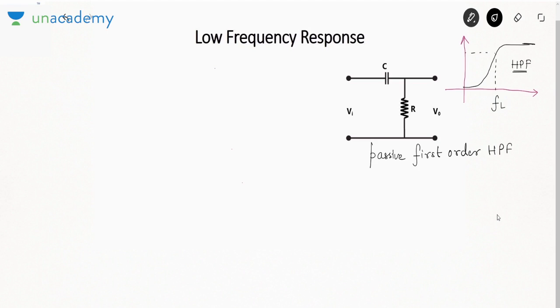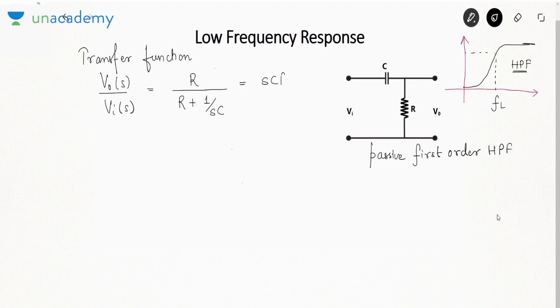Now in this case, if you want to derive the transfer function of this circuit, that is Vo(S) by Vi(S). It is equal to R, we are using potential division, divided by R plus 1 by SC. That is SCR over 1 plus SCR. That is your transfer function. Now you can go in the frequency domain.